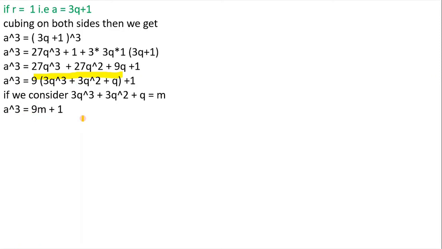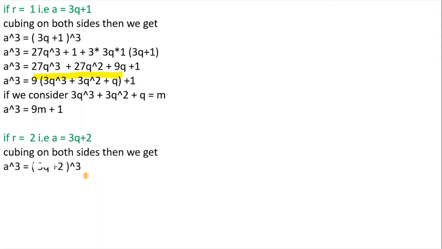Okay. Third condition. If r is equal to 2, then a becomes a equals 3q plus 2. Again, cubing on both sides, we get a cube equals (3q plus 2) whole cube. That again is in the form of (a plus b) whole cube. So, we know that (a plus b) whole cube equals a cube plus b cube plus 3ab into (a plus b).